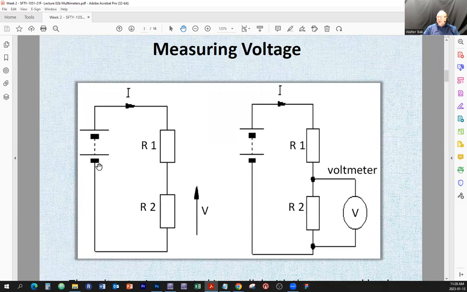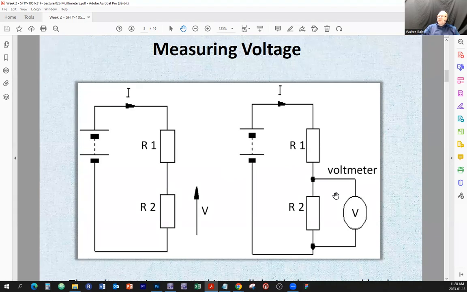If you need to verify, you just follow the current pathway and make sure that it is what it's supposed to be. After you complete the current pathways, then you worry about the parallel devices and their connection. In this case it would be a voltmeter.